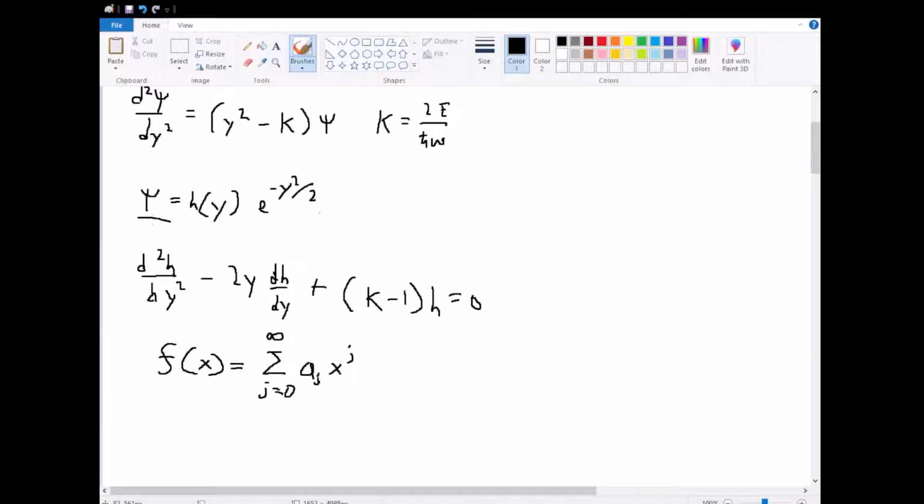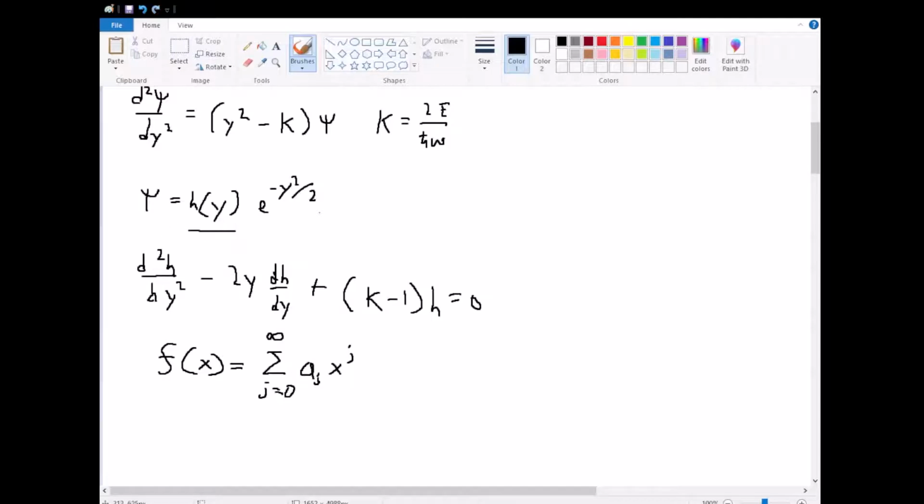In order for it to be normalizable, it has to be smooth and continuous all throughout. This exponential is smooth and continuous, so the same has to be true for h, because if h was discontinuous, or if its derivatives had continuity issues, these issues would transfer onto psi itself, and that would result in problems when we're taking derivatives of psi, finding things like momentum operators, things like that.